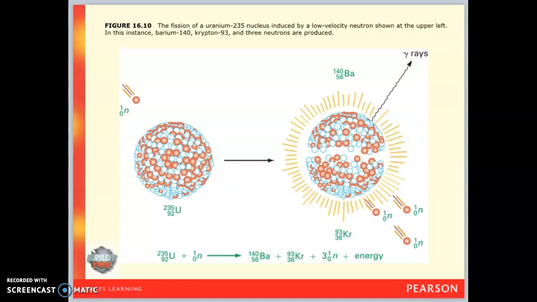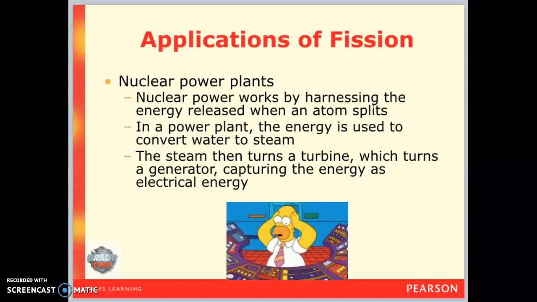So this reaction, when harnessed appropriately, can become one of the more powerful ways that we can actually do nuclear reactions. And so the most common application of this is nuclear power plants, where the energy that is produced gets harnessed.